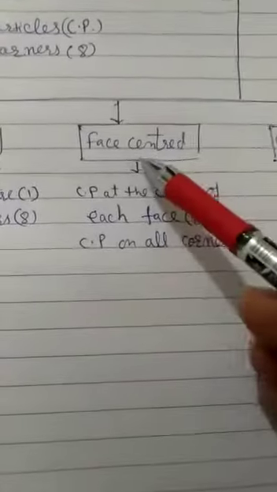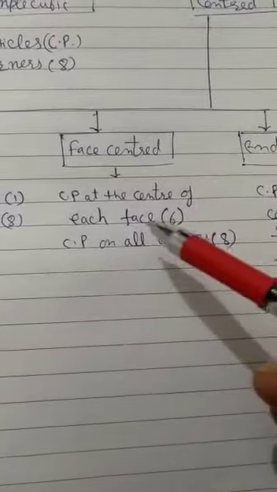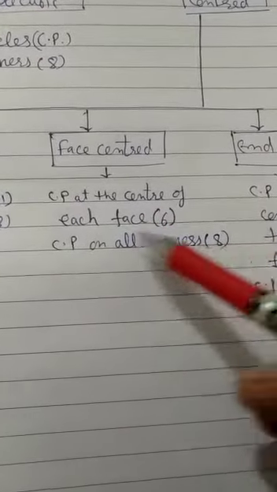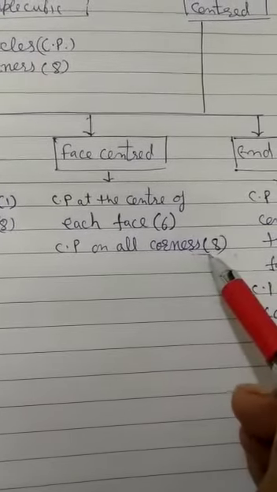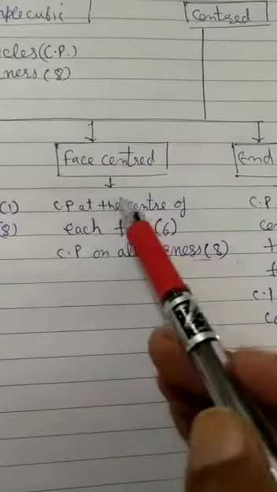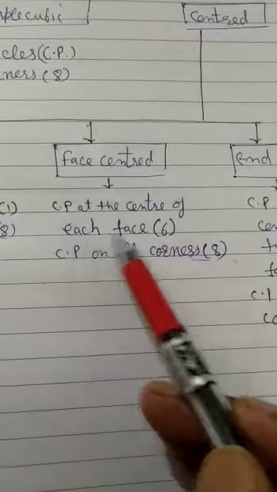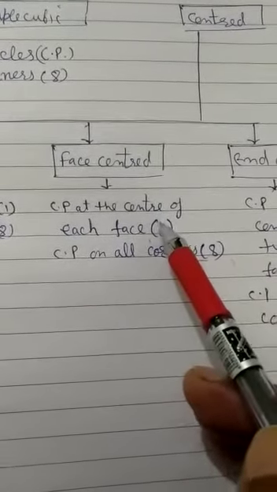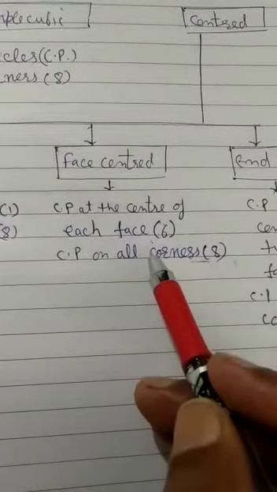Now next, coming to face centered. It has atoms on all the corners as well as at the center of each face. In a cube, how many faces are total? 6 faces.